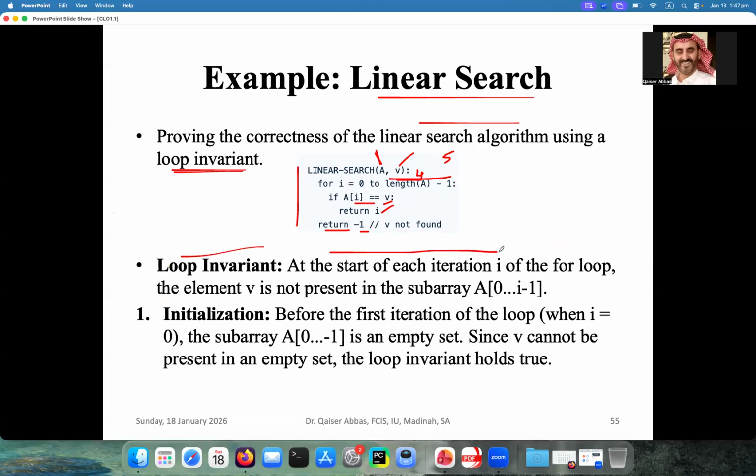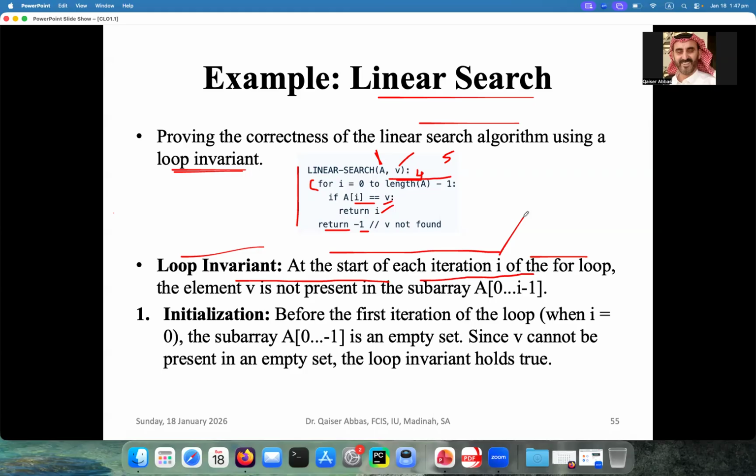At the start of each iteration i of the for loop, the element V is not present in the subarray A[0 to i-1]. If we are going for the ith iteration, then we are assuming that in the previous subarray A[0 to i-1], element V was not there.